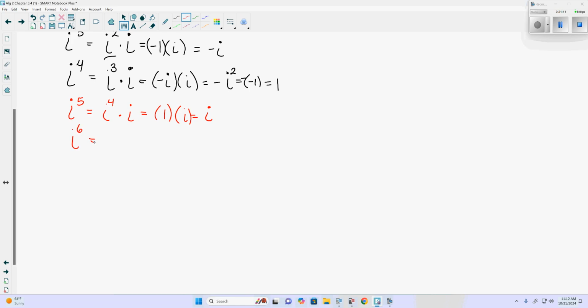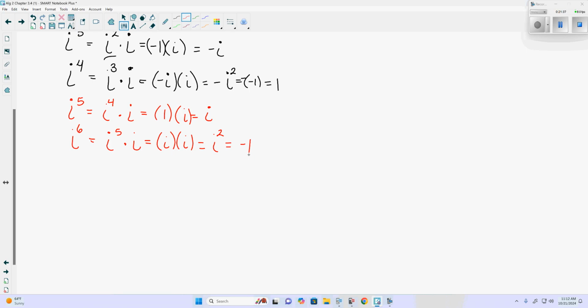It will start repeating itself, because if we look at i to the sixth, i to the fifth times i, well, it is basically going to restart because i to the fifth was i, and i times i is i squared, which is -1.